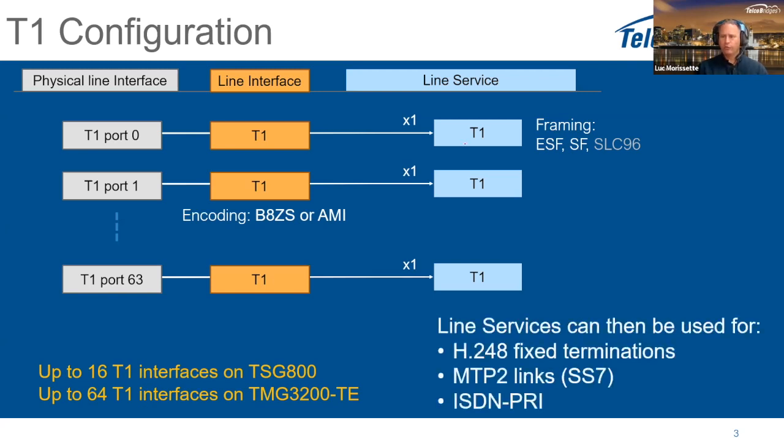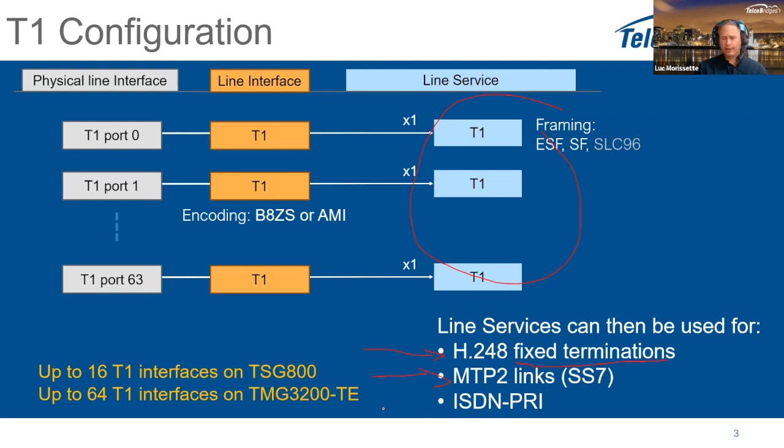Once you've configured those line services, they can be used for different types of services. In the H248 media gateway controller mode, they call them fixed terminations. These are actually TDM media channels that are available to the media gateway controller. You can assign those T1 line services to MTP2 links, so you will choose some of the time slots to carry SS7 MTP2 links.